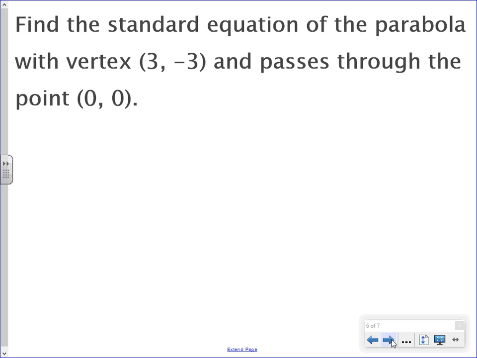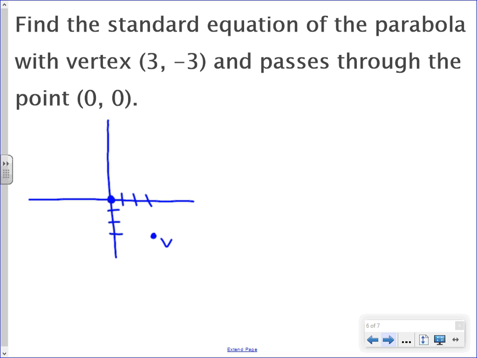Actually, I'm gonna go left. Oh, wait, no, the vertex. Yeah, you could still go.